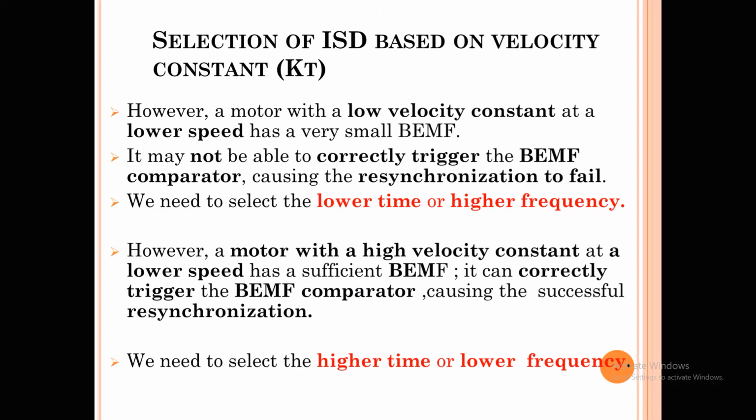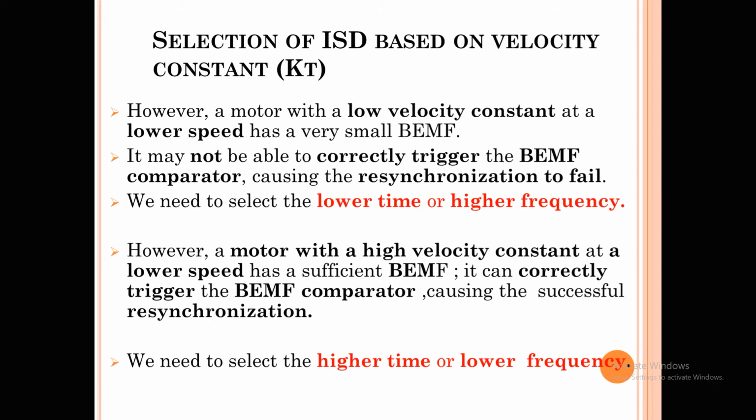Then we discussed the two different criteria to select the different ISD settings, the initial state detection threshold setting. What we have observed is that if your motor velocity constant is very high, you need to select the longer time duration, and if your motor velocity constant value is less, you have to select the shorter time duration.